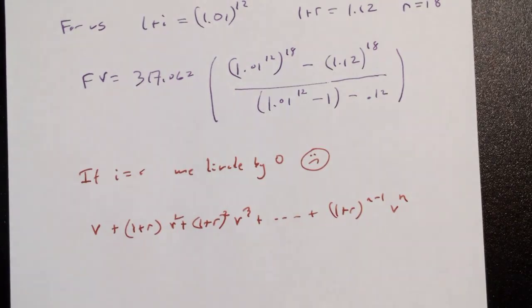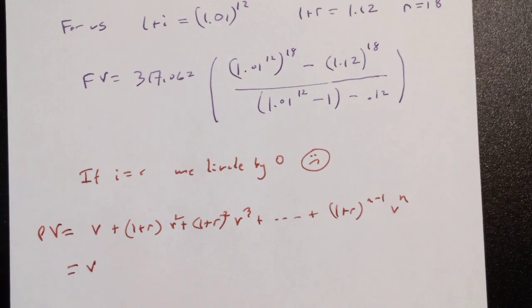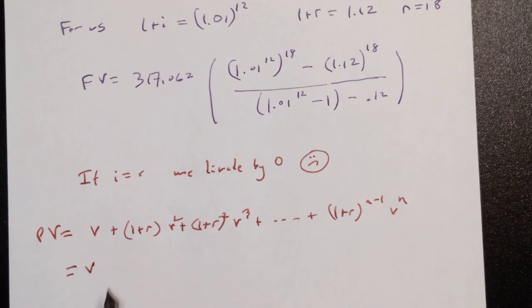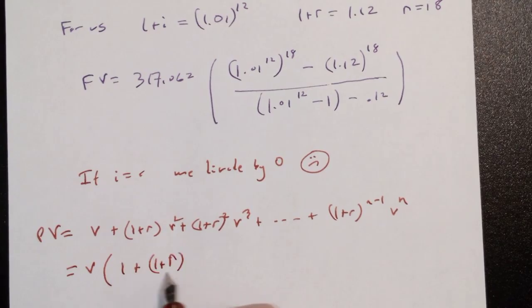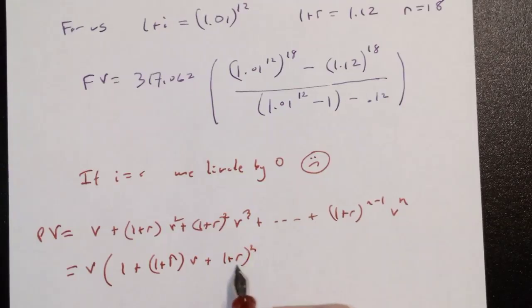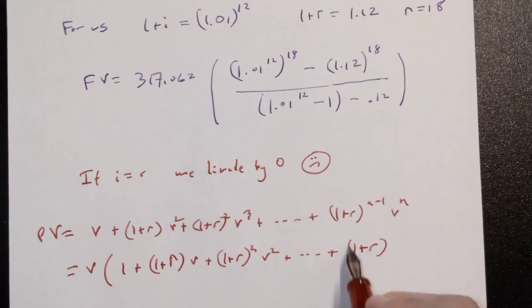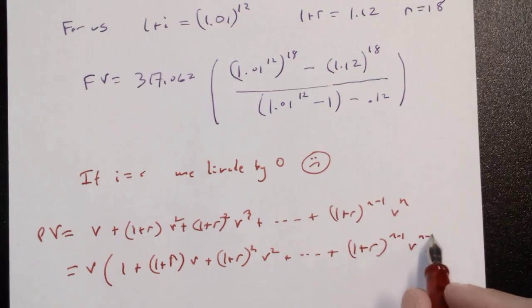That was my present value, which factors out of V. And then I have 1 plus (1 plus R) V plus (1 plus R) squared V squared, and so on, up to (1 plus R) to the n minus 1 V to the n minus 1.